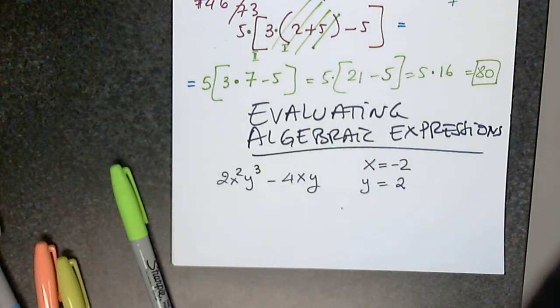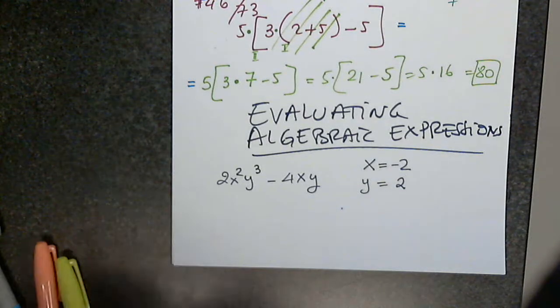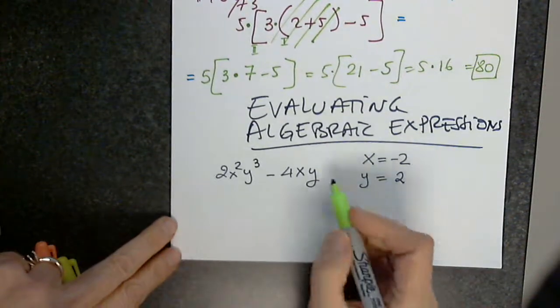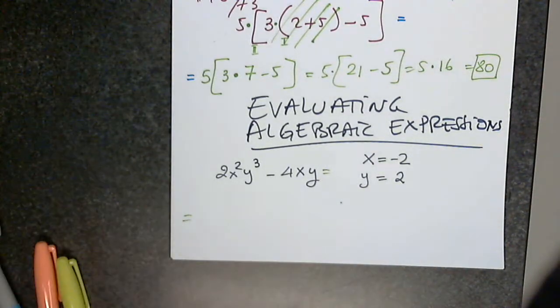What does that mean? It means that I have to, exactly. So that's the first step. I have to replace each and every variable by the given value, by its given value, and I cannot change anything.